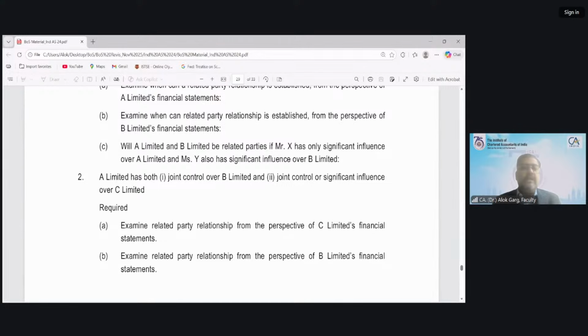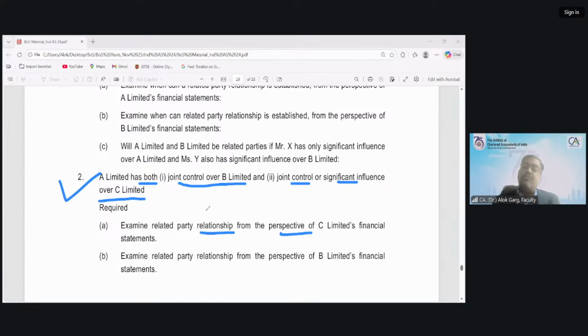Yes, sir, visible. A Limited has joint control over B Limited and either joint control or significant influence over C Limited. Examine the related party relationship from the perspective of C Limited's financial statement.